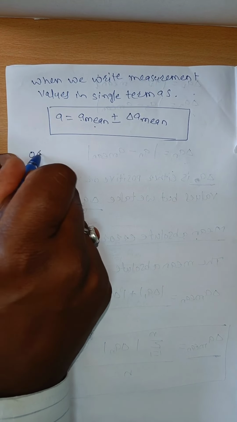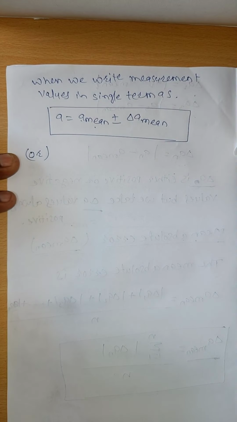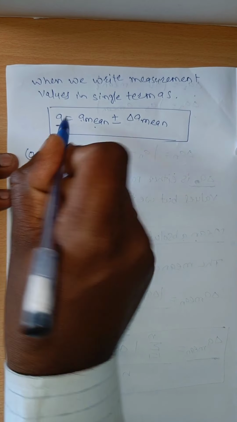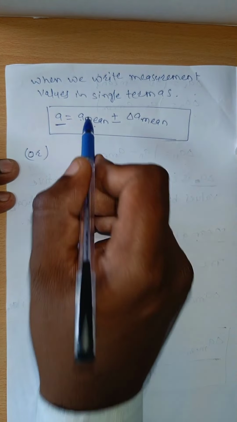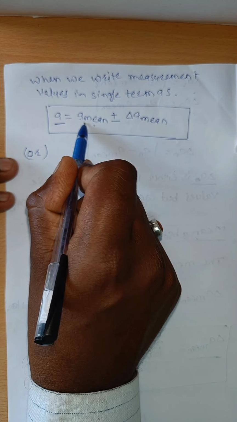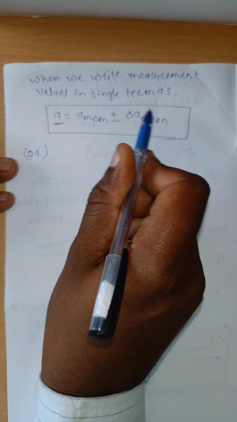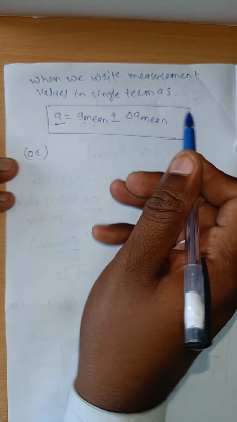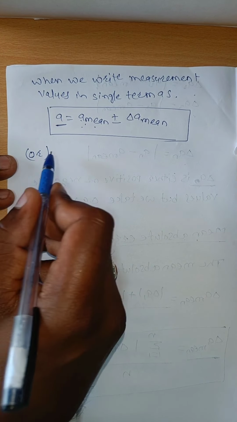What is the meaning of that? Whatever the A value is, that A value is in between A mean plus delta A mean and A mean minus delta A mean.